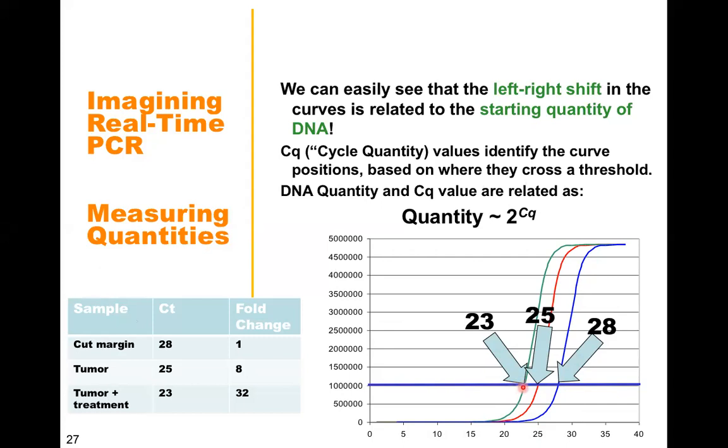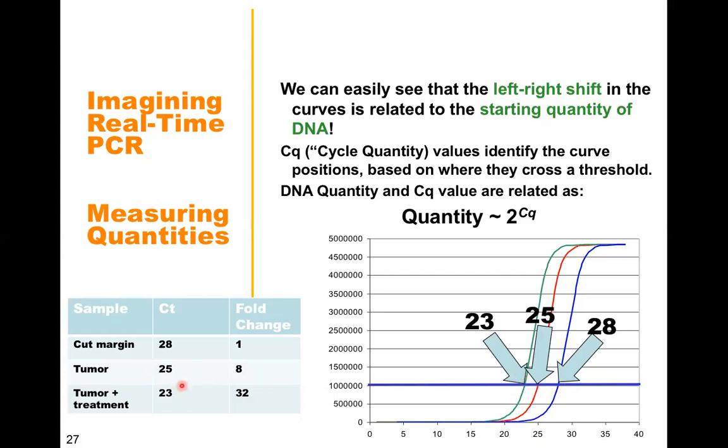So this is one sample, this is the second sample, and this is the third sample, all of them reaching this range at a different cycle number. In case of cut margin sample, this is cycle number 28. In case of tumor sample, this is cycle number 25. And in case of tumor plus treatment, this is cycle number 23.